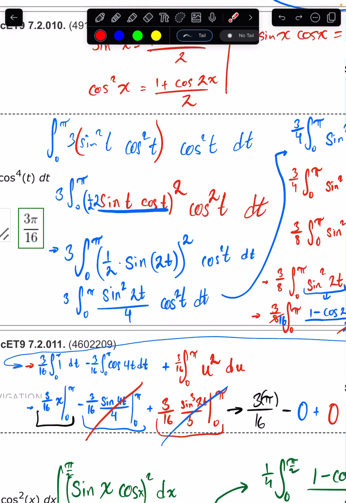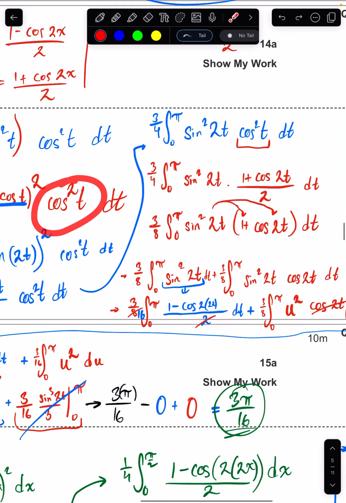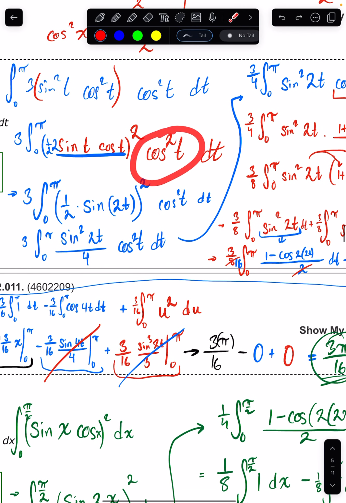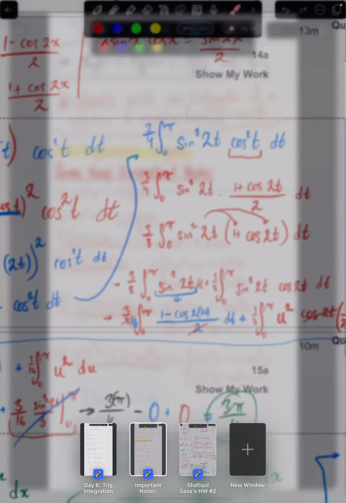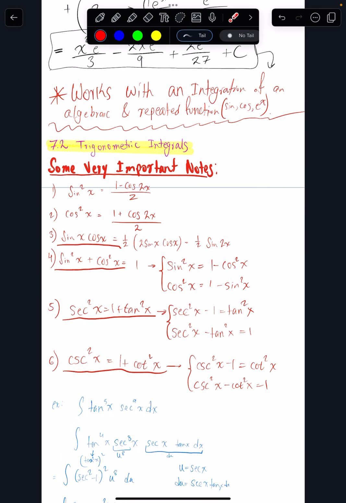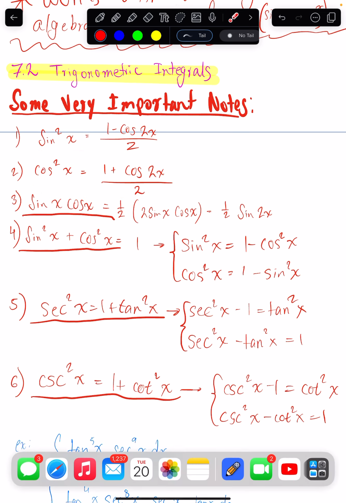And then we can also do the same for our cosine identity, right? Cosine squared is the same as 1 plus cosine 2t over 2. That's also another trig identity that our professor showed us here.